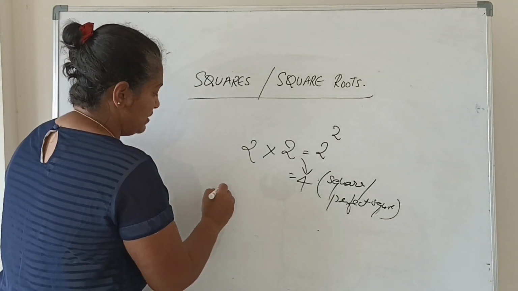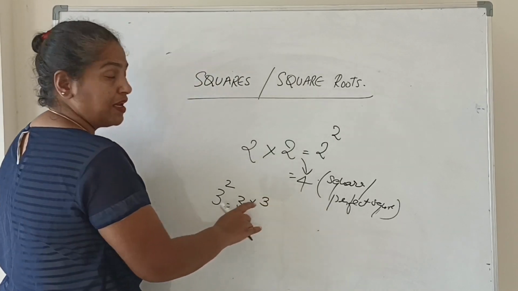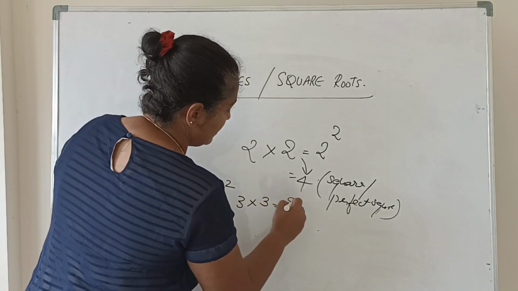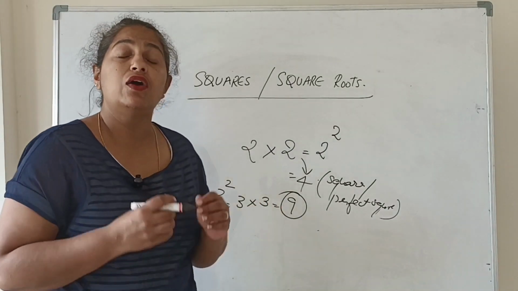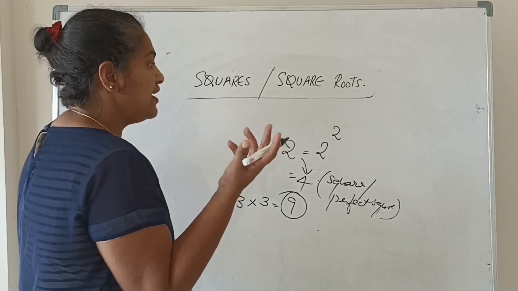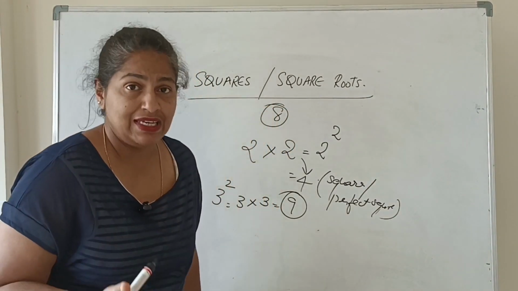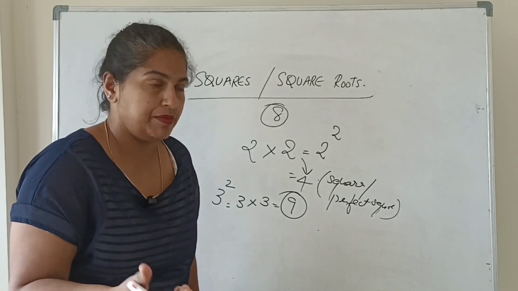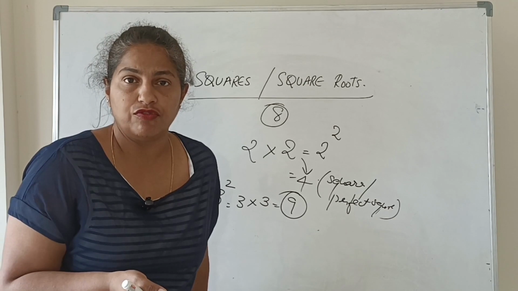If I have a number 3, if I am squaring the number, it basically means I am multiplying the number with itself. I will be getting 9. So I can say that 9 is a square of 3, or I can say 9 is a perfect square. Take the number 8. Can you think of an integer or a natural number which will give 8 when multiplied with itself?